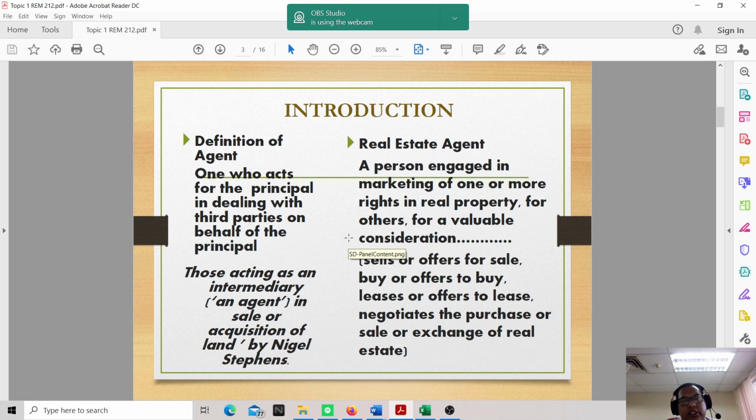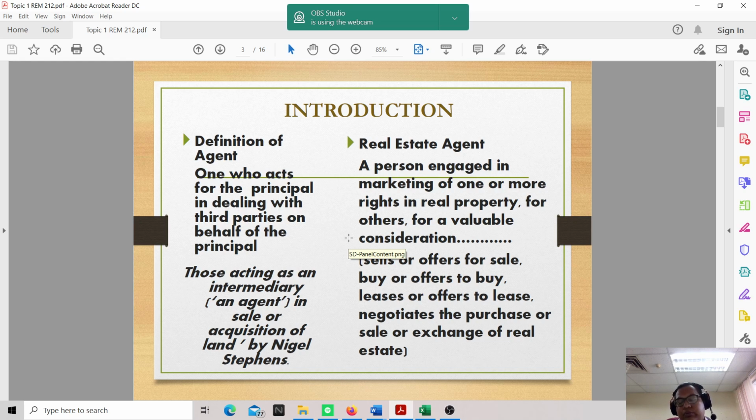So let's say a principal. The meaning of principal is someone who intends to sell, or intends to buy, or even intends to rent out their properties. So you as a middleman have to deal with the principal.